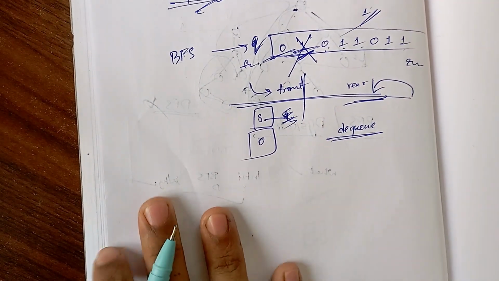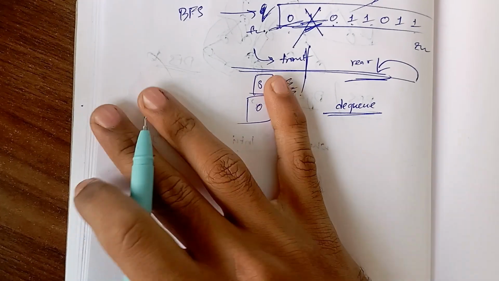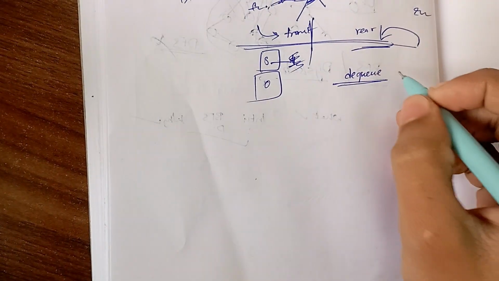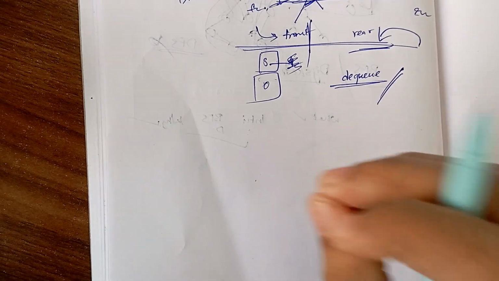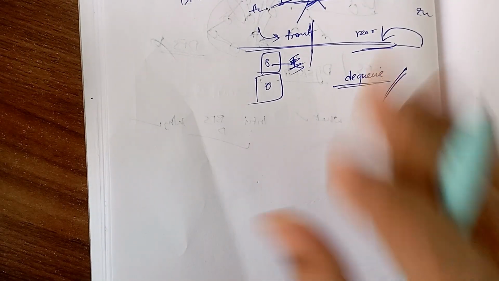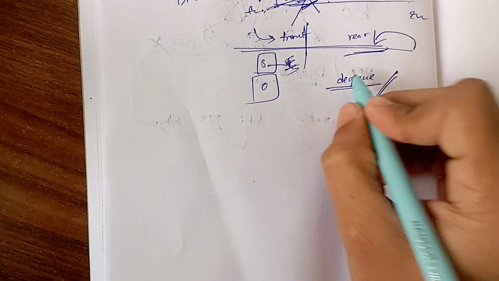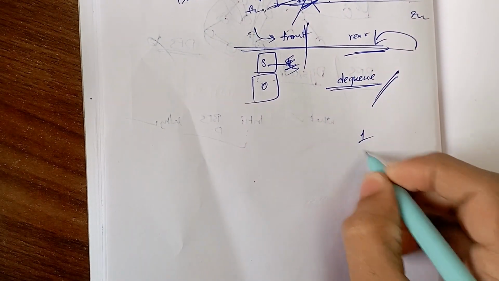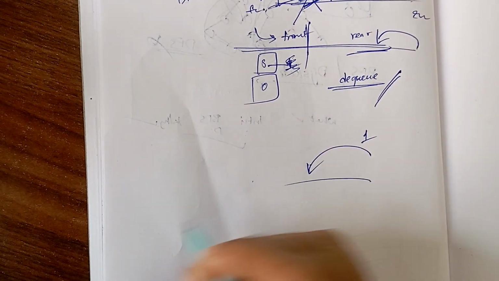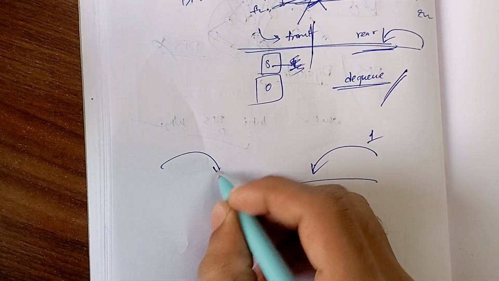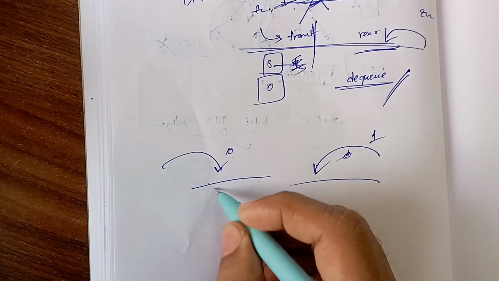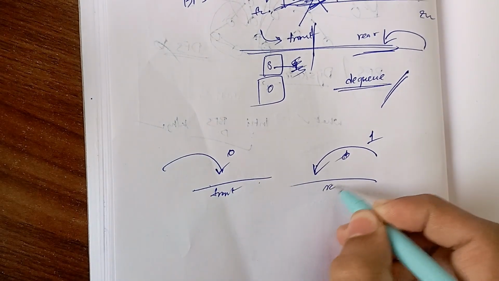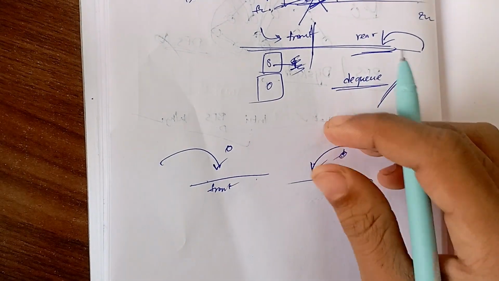So I think you have got that into our mind that DQ is the data structure which we need to use to get minimum number of obstacles in our way. So if you got one, you will be pushing from the back, and if you got zero, you will be pushing from the front. So you will be using a DQ data structure.